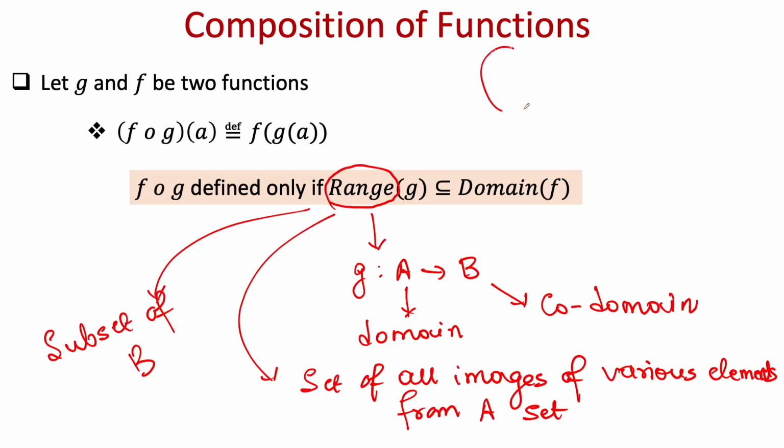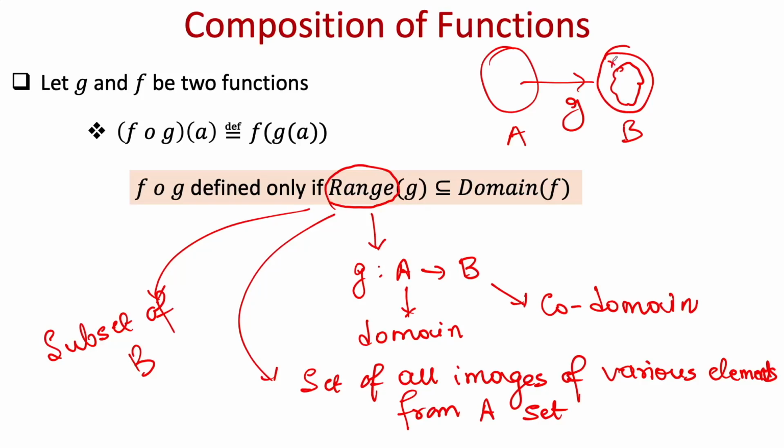If your function g is from the set A to the set B, I am focusing only on the elements of B which have pre-images. That means they are the images of some element from the set A, because your function g need not be a surjective function.